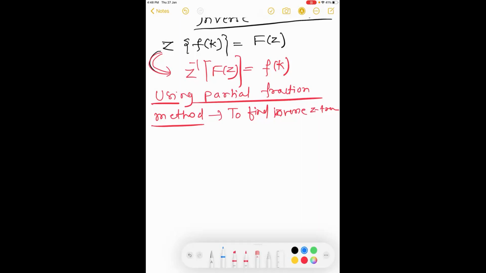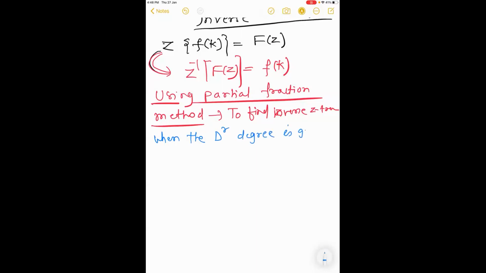It is not a simple multiplication that you can just take separately and do. There is a procedure for this fraction. So when the denominator's degree is greater than the numerator's, then we use the partial fraction.